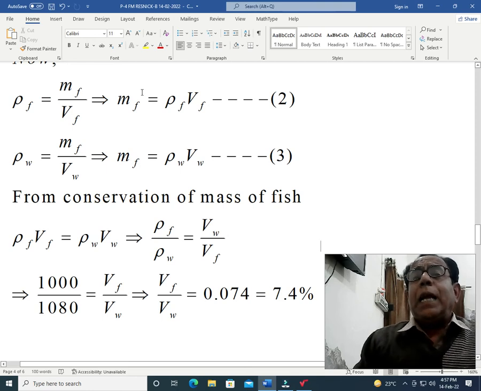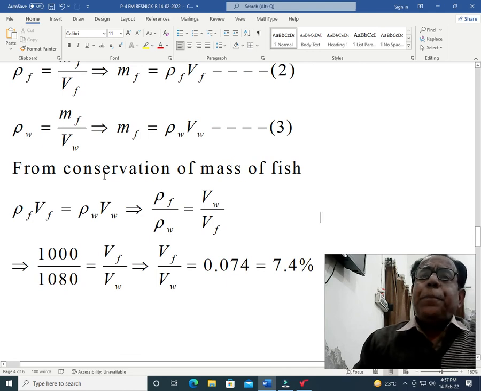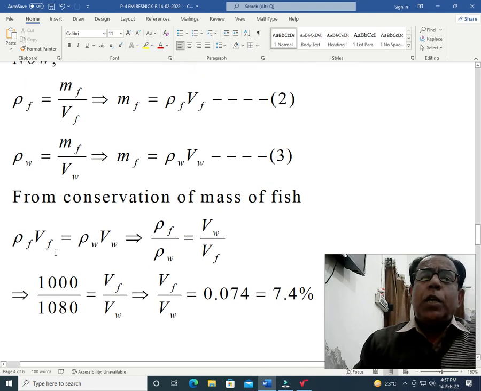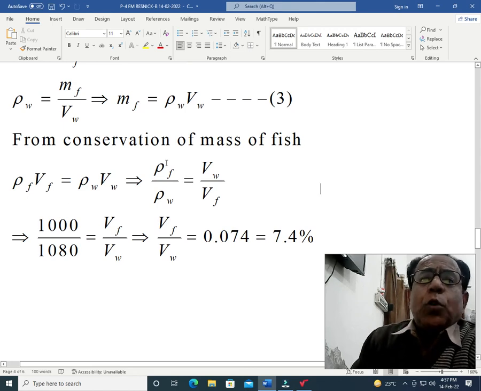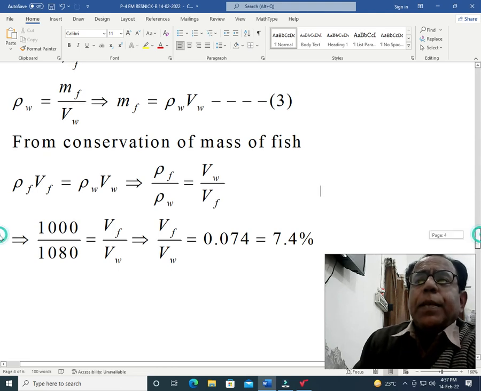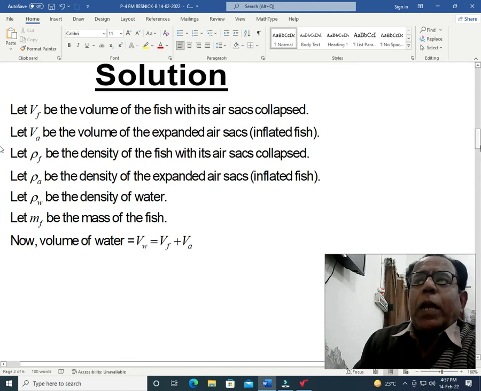So when left hand sides of equation number 2 and 3 are same, then right hand side will also be equal. So density of F into volume F is equal to density of water into volume of water. This implies that density of fish over density of water becomes equal to volume of water over volume of fish with air sacs collapsed.